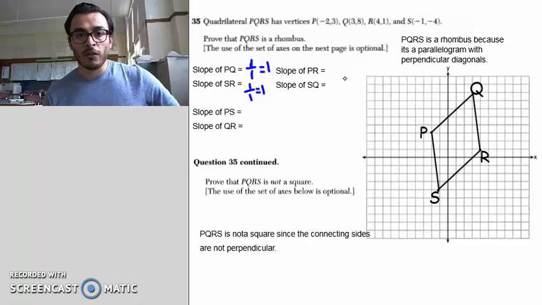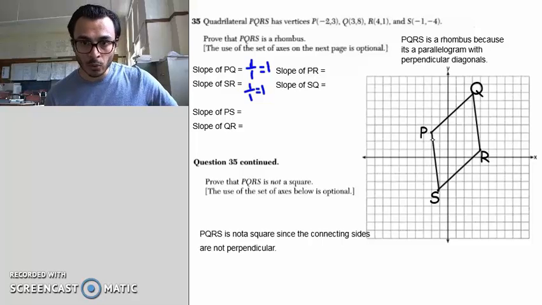The slope of PS, let's see, it goes down 1, 1, 2, 3, 4, 5, 6, 7 over 1. So the slope of PS is -7.